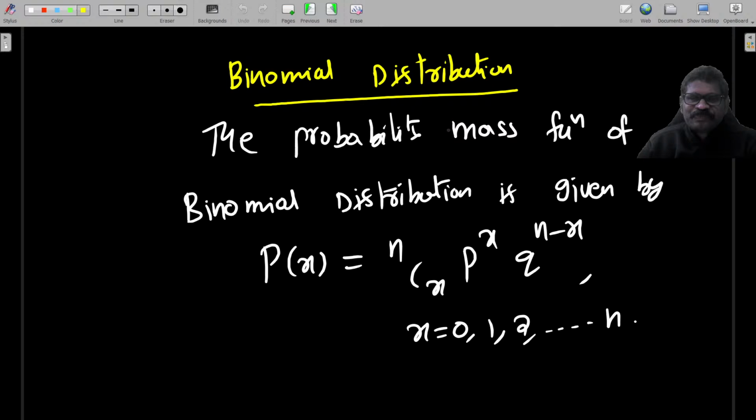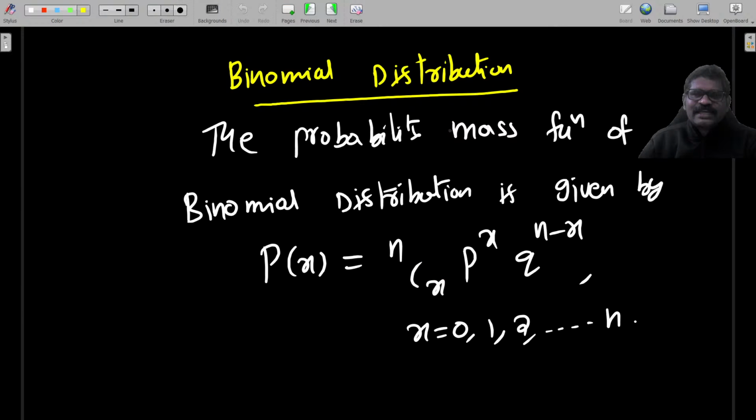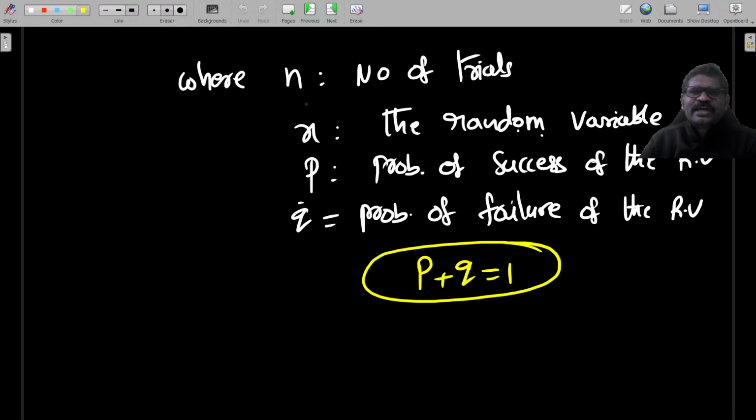In binomial distribution, x takes values 0, 1, 2 and so on n, countable. Here n is the number of trials, x is the random variable, p is probability of success, q is probability of failure. Sum of probability of success plus failure is always 1.